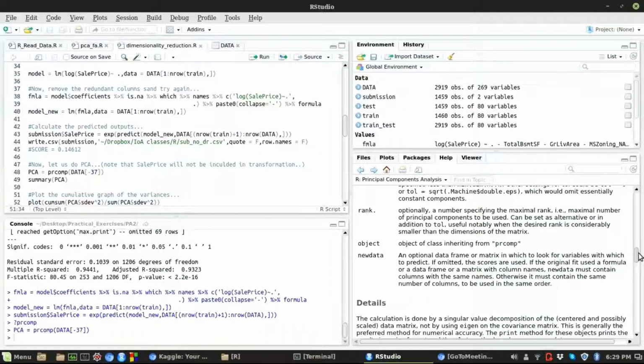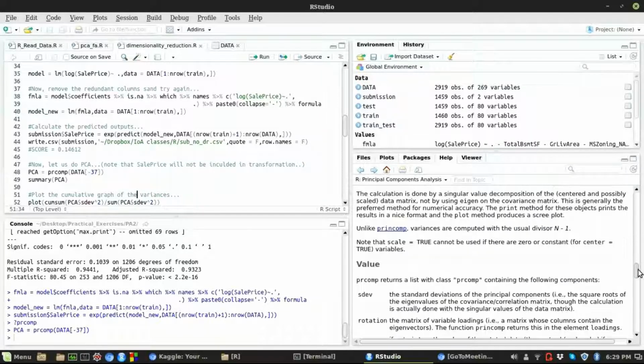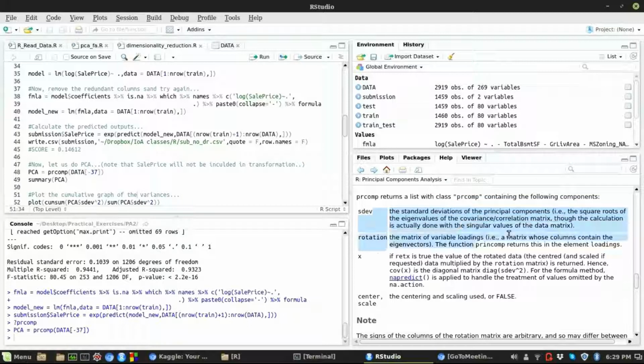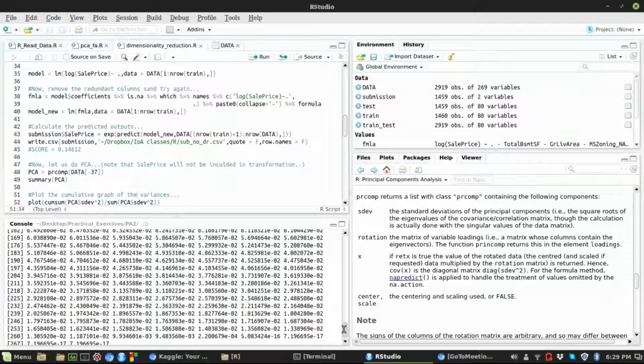Now what will you get from that? That returns an object of type principal component, and it contains the standard deviation of the principal components. This will be arranged in descending order from PC1 down to PC268.